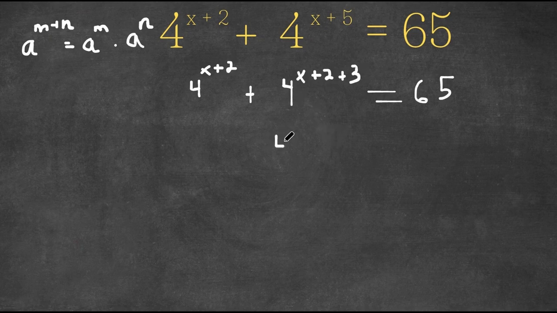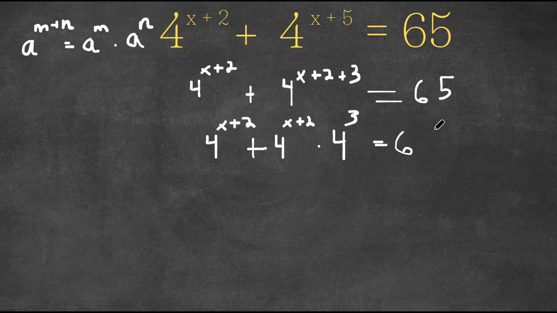This is also equal to 4^(x+2) times 4^3. And this is equal to 65.